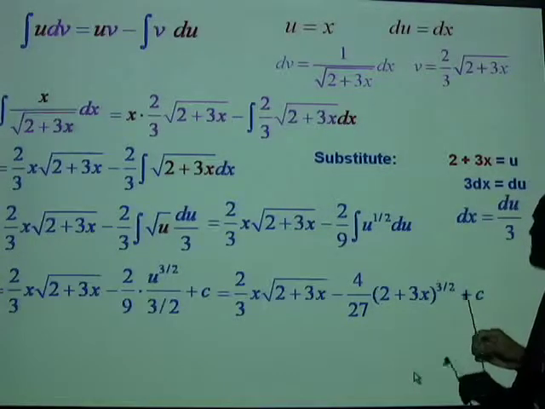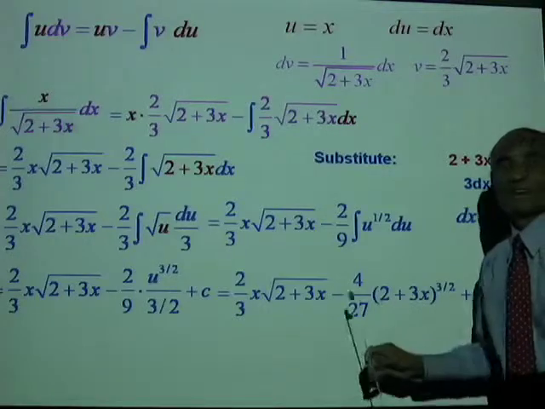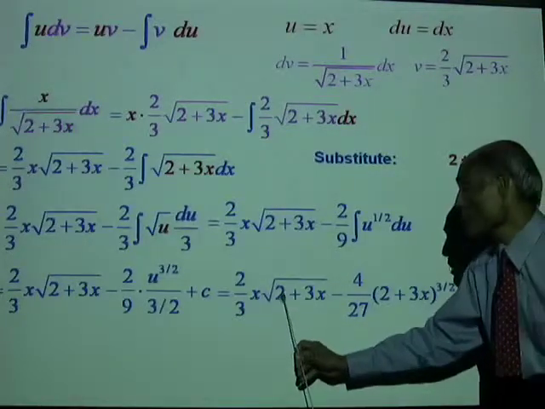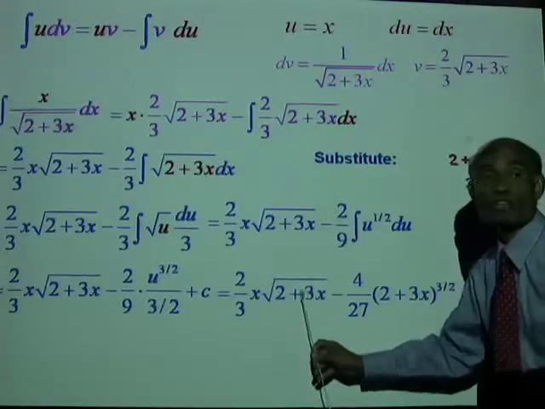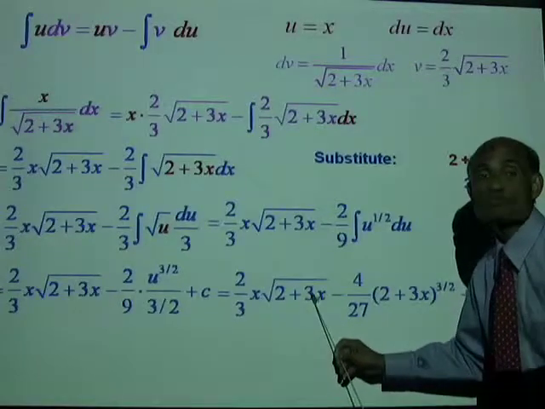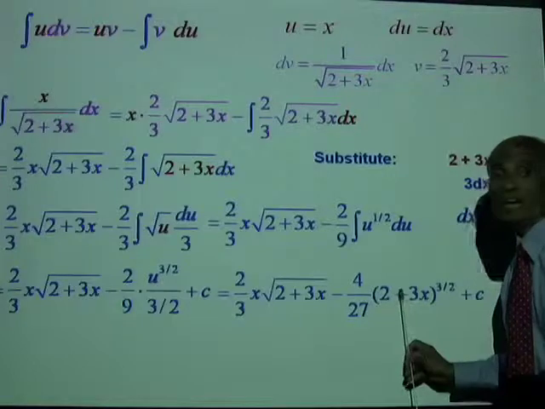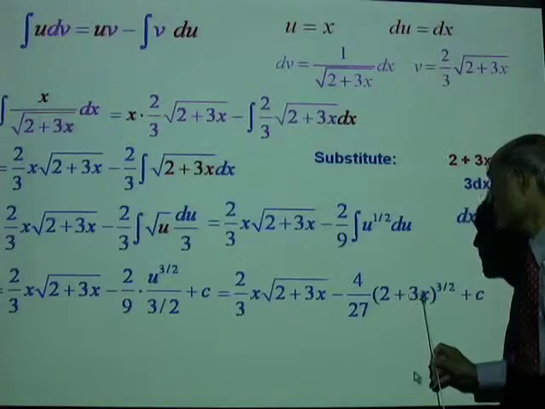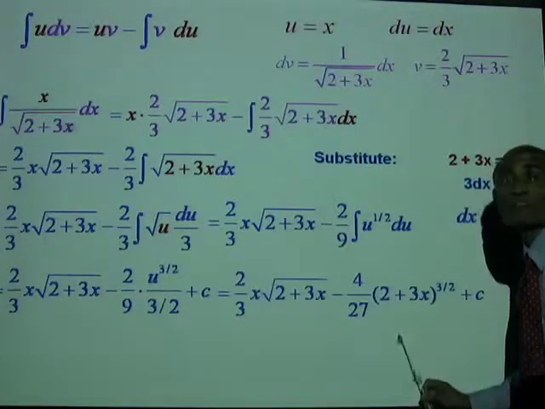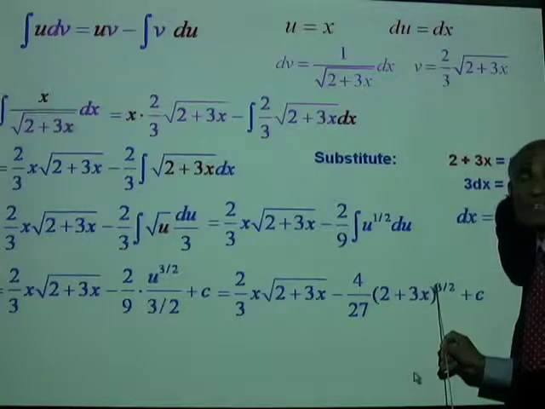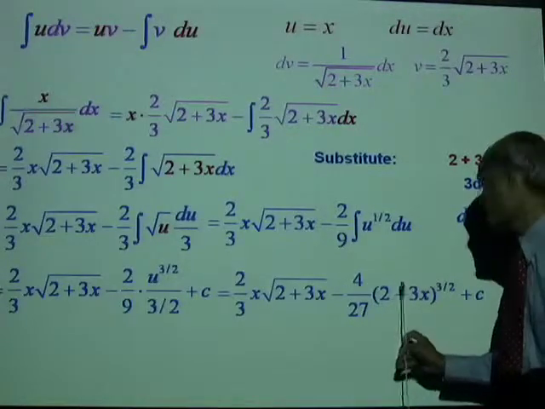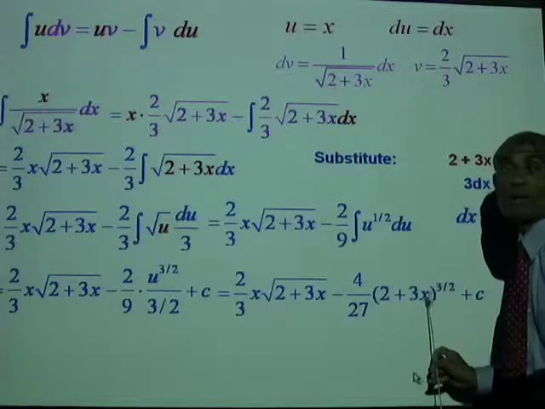Okay, how do you simplify this? Now remember, square root 2 plus 3x is the same as 2 plus 3x to the power of 1/2. So this is actually square root 2 plus 3x multiplied by 2 plus 3x. That's what you see. 3 over 2 is 1/2 plus 1.